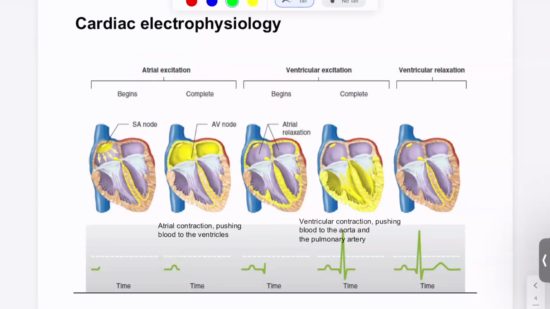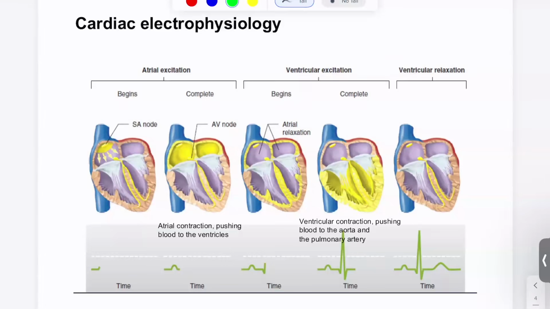Next, the impulses will travel past the AV node and arrive at the His bundle and Purkinje fibers and so on and so forth. In this phase, the ventricles are excited, then they contract to push blood to the aorta and the pulmonary artery.